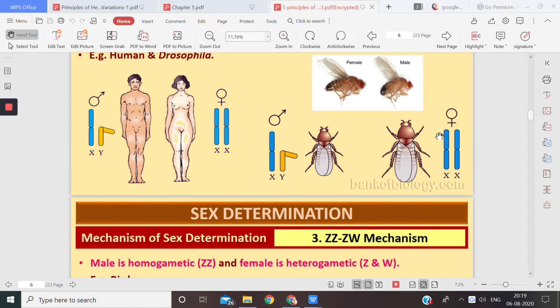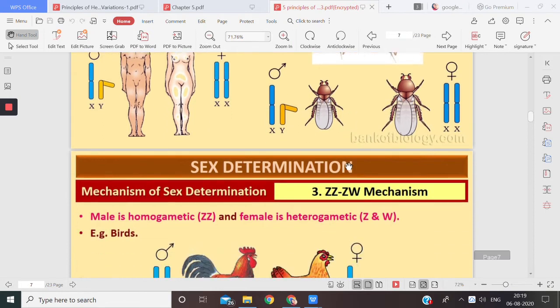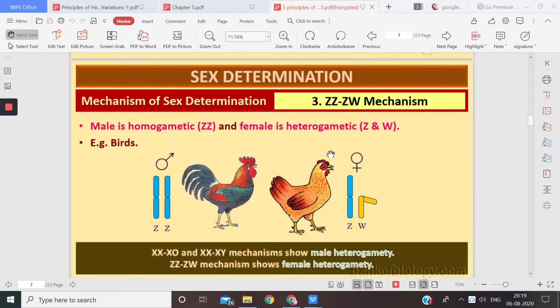Another example, children, is the ZZ and ZW mechanism of sex determination, where male is homogametic because both gametes have the same chromosome. But female is heterogametic because one gamete contains the Z chromosome and the other contains the W chromosome.